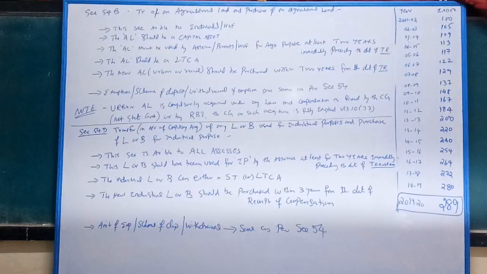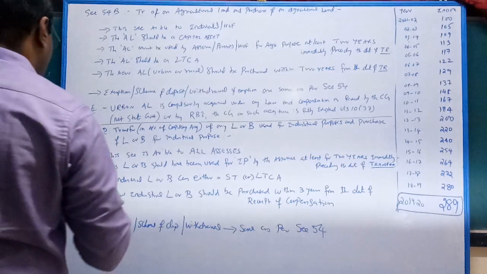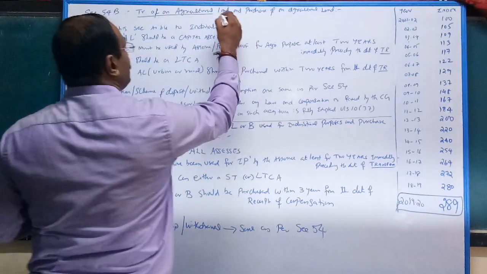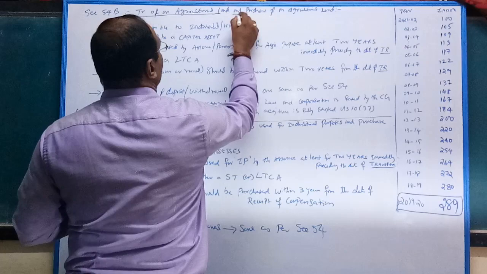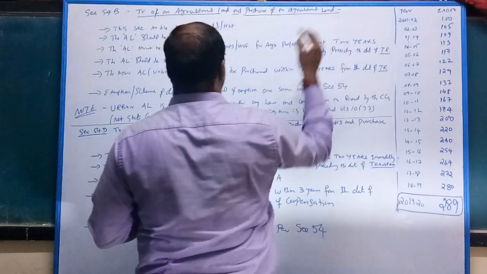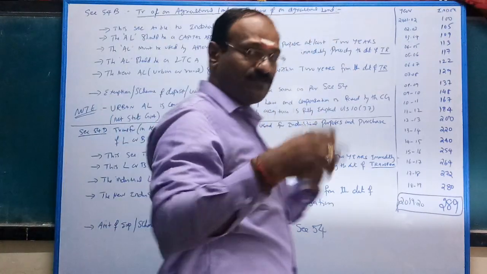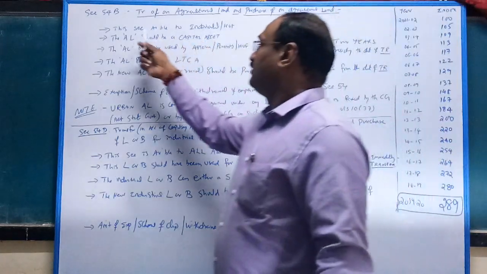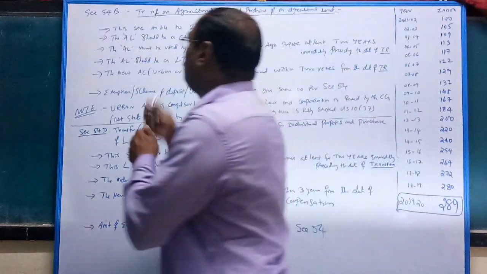Next, now we are going to take up section 54B. Section 54B deals with transfer of agricultural land and purchase of agricultural land. This is section 54B.